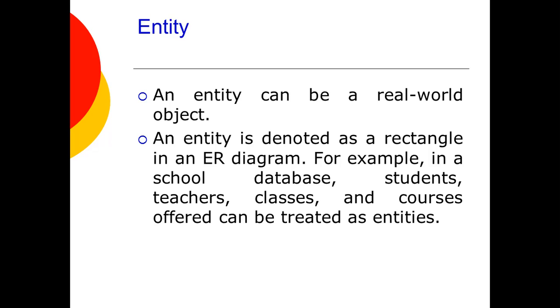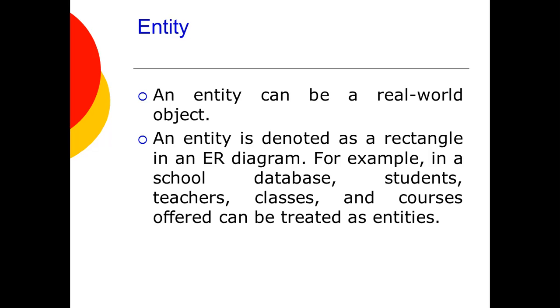For example, in a school database, suppose we are going to prepare the school database, then students, teachers, classes, and courses offered can be treated as entities. If we are dealing with some other problem, then accordingly we can separate all such entities from the particular project on which we are working.